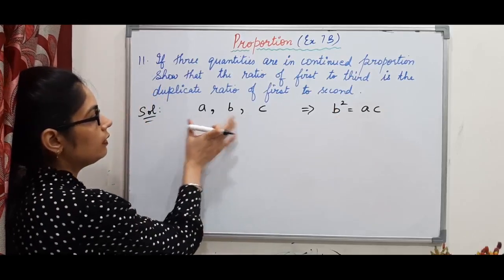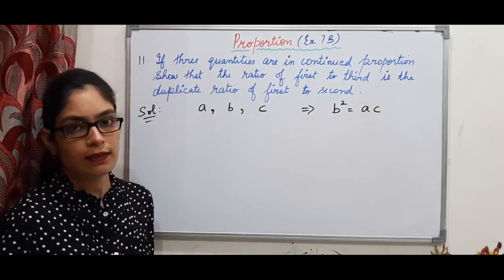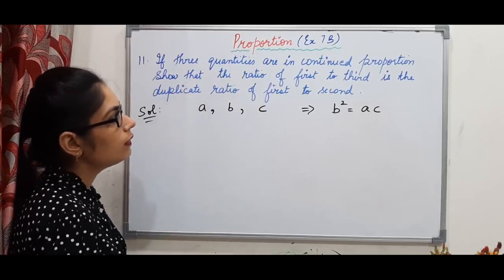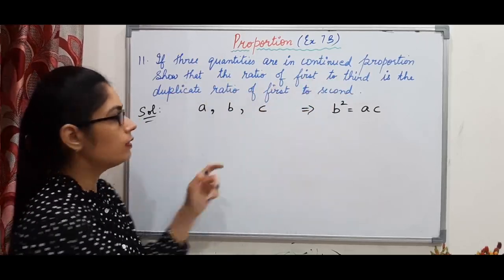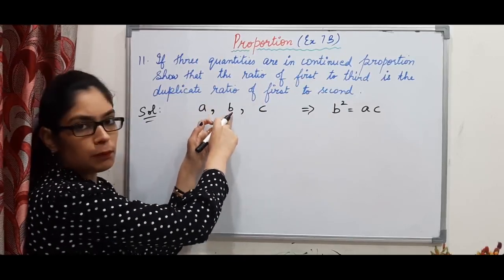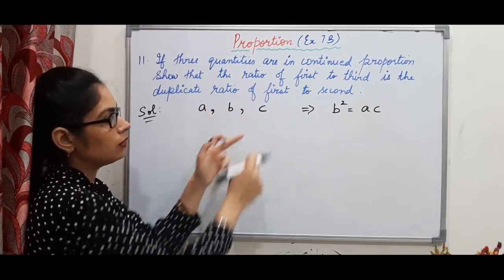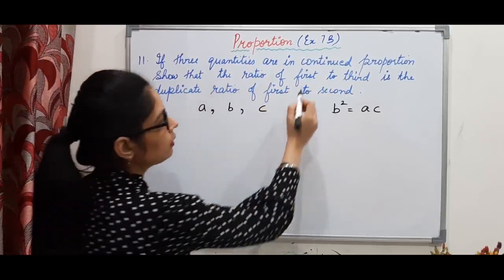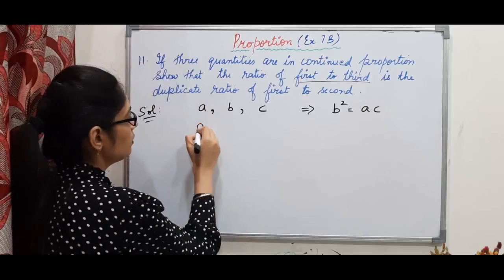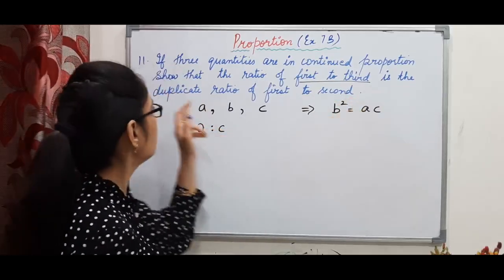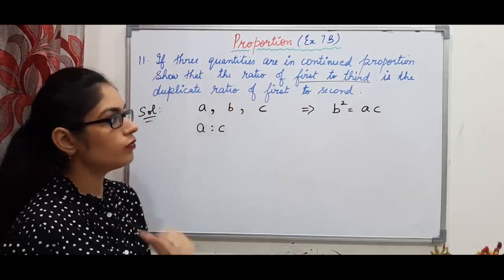So they are saying if three quantities are in continued proportion, then show that the ratio of first to third. See, this is my first proportional, mean proportional and third proportional. So the ratio of first to third, A is to C, is the duplicate ratio of first to second.